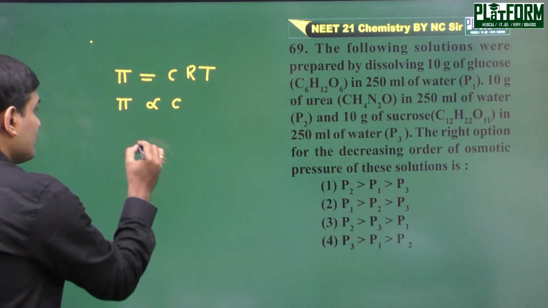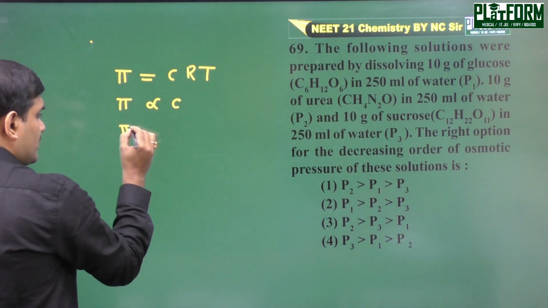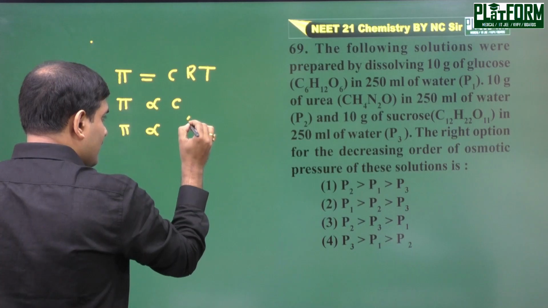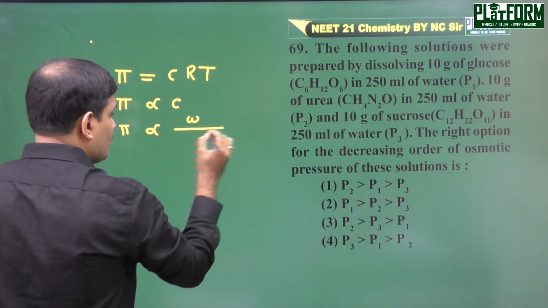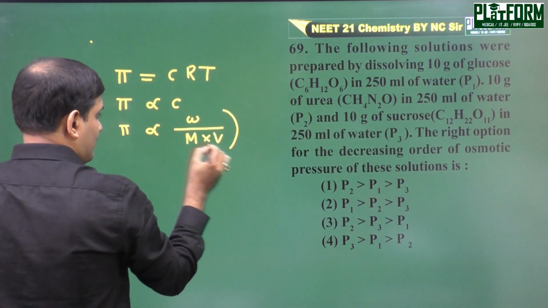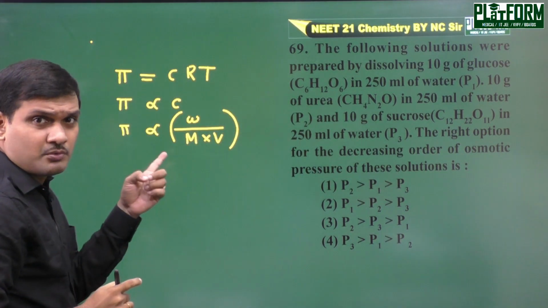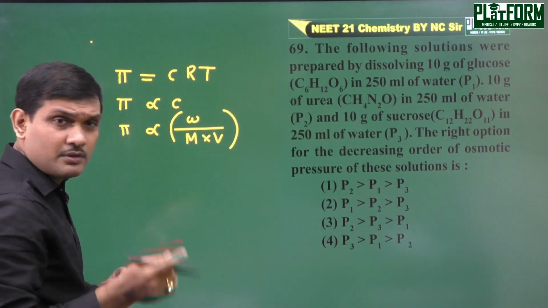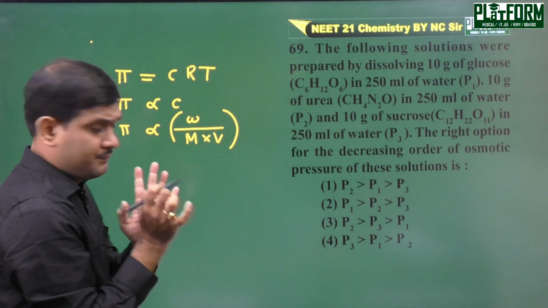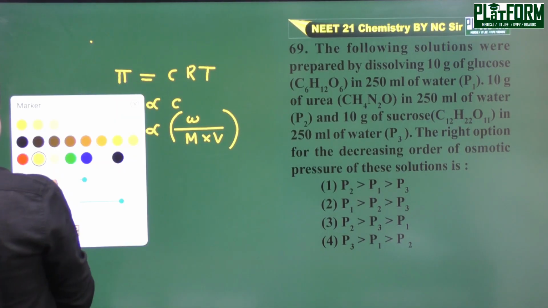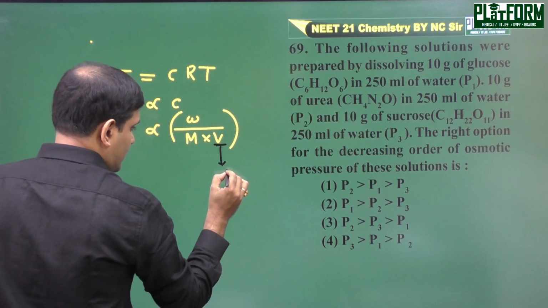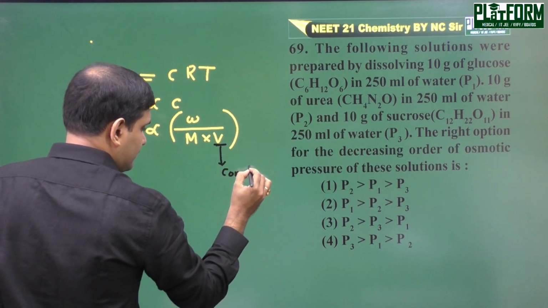I can write pi is proportional to the mass of the solute divided by molar mass of the solute into V. The concentration, molarity, can be described in this way. The volume of the solution is kept constant in all the cases.